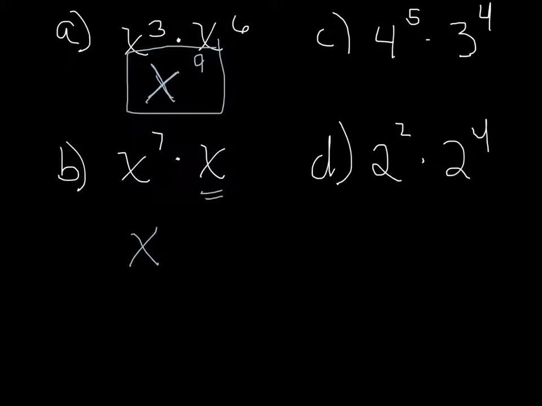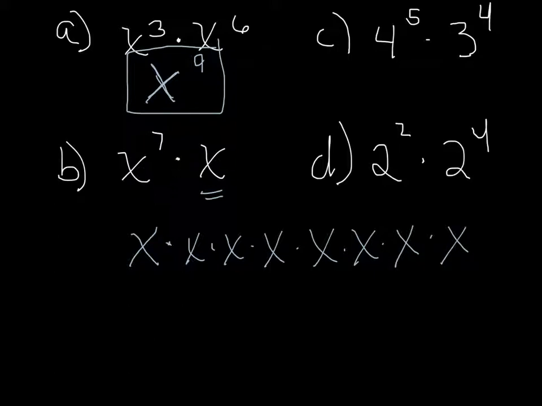Well, let's write B out so that you can see it. X to the 7th is x times x times x times x times x, 1, 2, 3, 4, 5, times x times x. And then that second one is times x. So what's our final answer going to be? How many x's do we have? 1, 2, 3, 4, 5, 6, 7, 8.